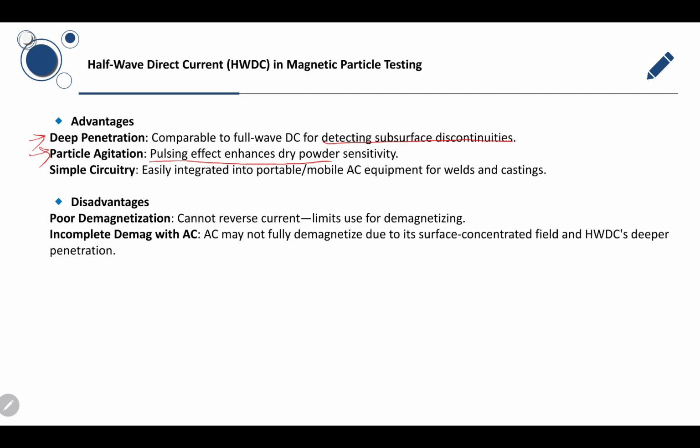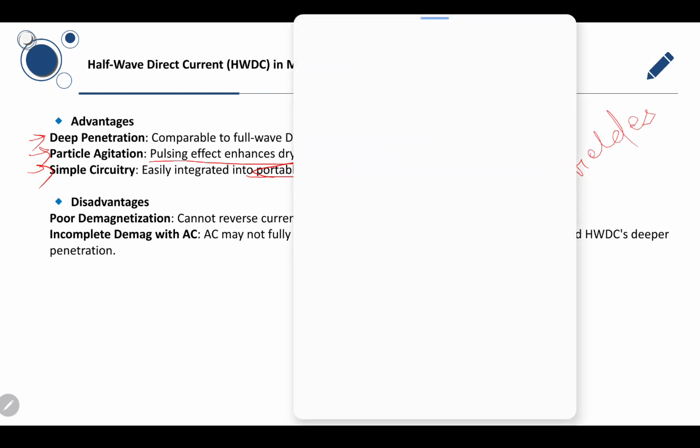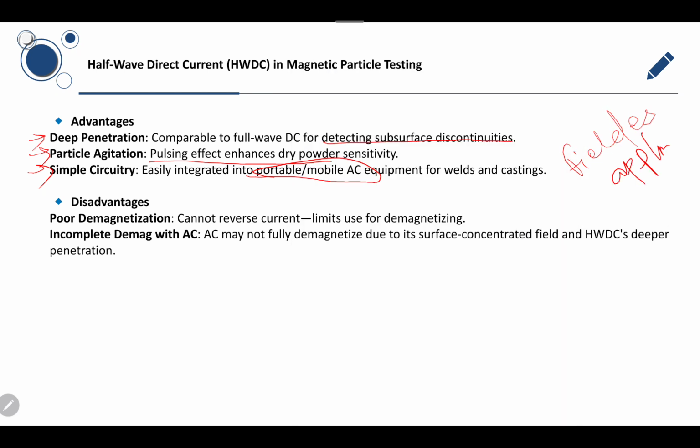This is particularly useful when using dry magnetic particles, helping them gather at defect locations. Next one is simple circuitry. It's relatively easy to integrate into portable or mobile AC equipment, making it convenient for field applications, especially for inspecting welds and castings.